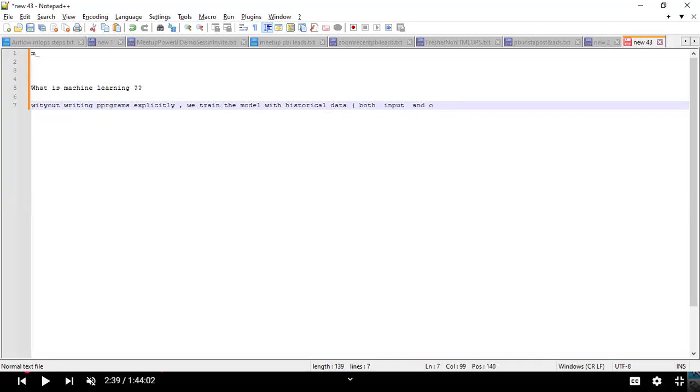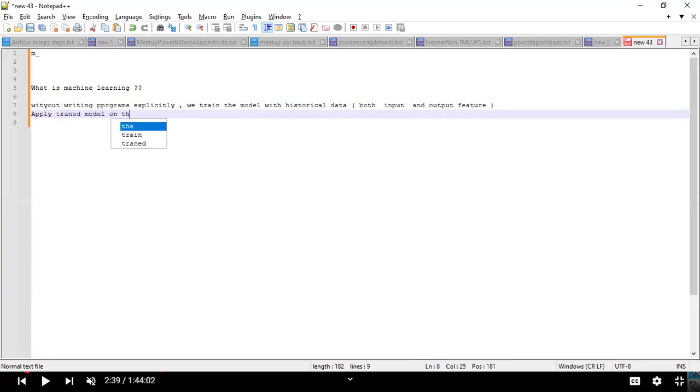Give me examples for input and output features. We discussed last week, right? Input and output features. The historical data should contain both input and output features. Then we apply this trained model on the unseen data.